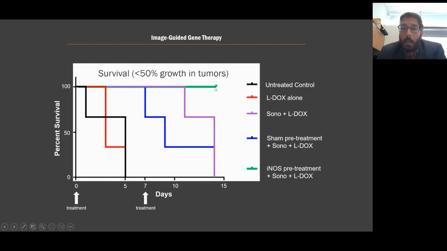Unfortunately, our study ends here. We do need to do longer longitudinal studies in order to determine the extent at which these iNOS treatments are able to halt tumor growth for prolonged periods of time, and what are the bioeffects.